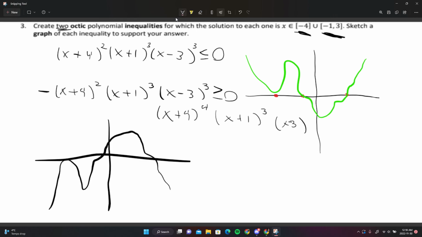The degrees add up to 8, so it's an octic function. And I'm pretty sure it'll look really similar to this graph. But yeah, just plot it in Desmos and you might get the same answer. I recommend you look into it yourself, but there are a ton of ways to get an answer that wasn't mine.